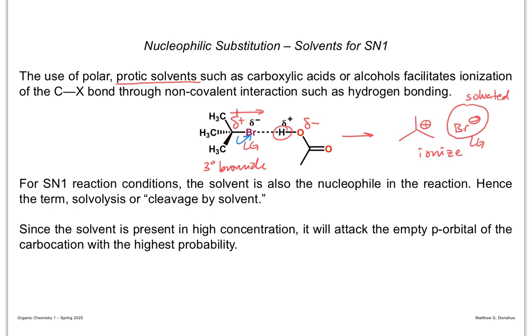So at this point, the carbocation, that's an electrophile. And the solvent, which is going to supply electrons, is a nucleophile. So this is a Lewis acid. The solvent is therefore a Lewis base. It's supplying electrons.